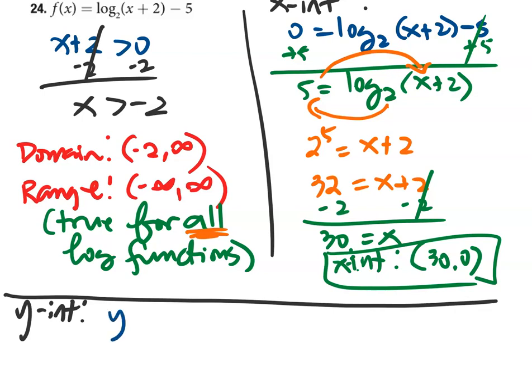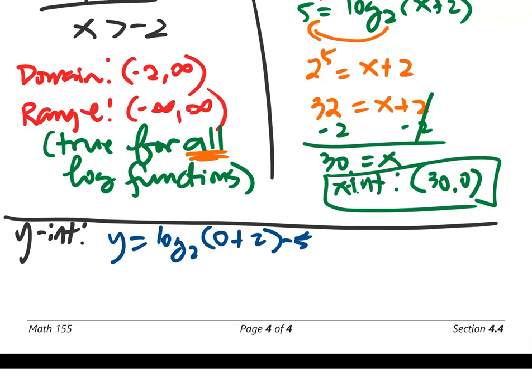So y is equal to log base 2, plug in 0 to x, plus 2 minus 5. And that is y equals 0 plus 2 is 2 minus 5.